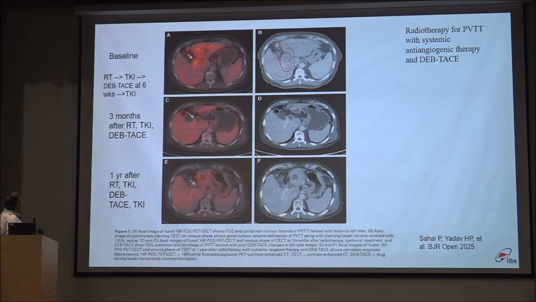This case was treated in ILBS. This is the initial stage. SBRT was given with TKI, then a depth test at 6 weeks. TKI after 3 months of the radiation, we can see the response, and after 1 year of the TKI and depth test, there was a very good response, and the patient survived for about 3 years.